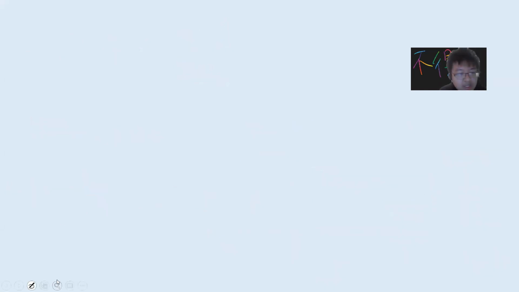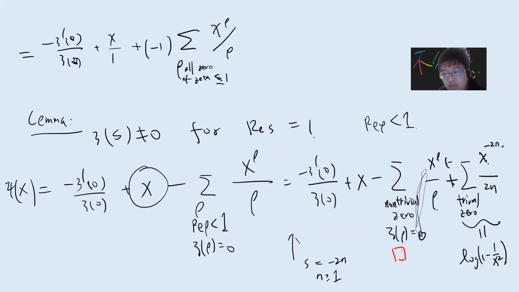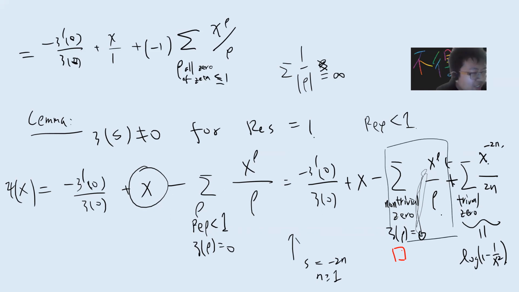But there is some technical issue, so let me explain. One technical issue is that one can actually show this sum is not absolutely convergent. So this formula is not quite okay, because the left hand side is absolutely convergent, right? But the right hand side is probably not, due to these terms.